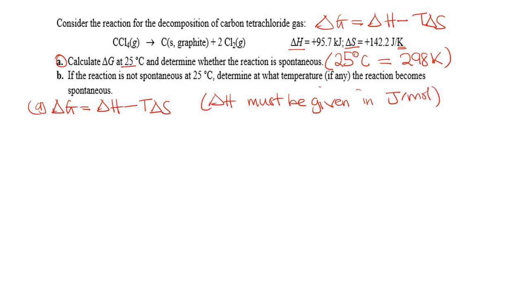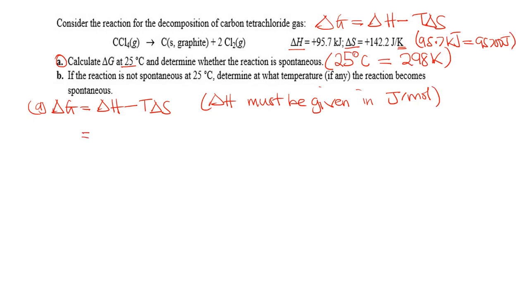So if you are given kilojoules, you have to change kilojoules to joules. So 95.7 kilojoules is equal to 95,700 joules. That's what you are going to use.